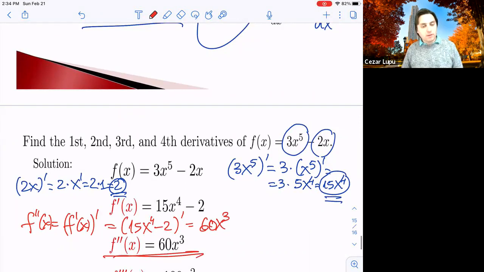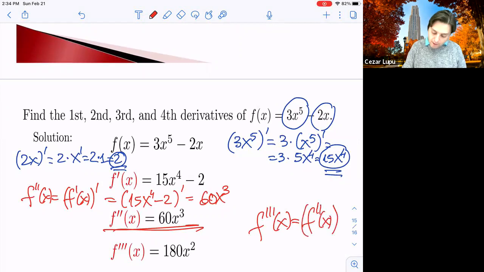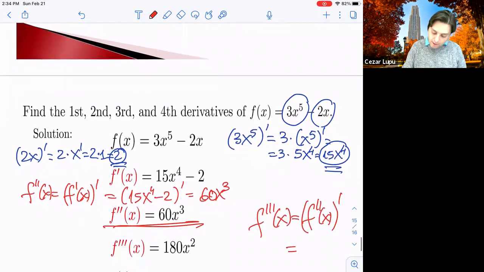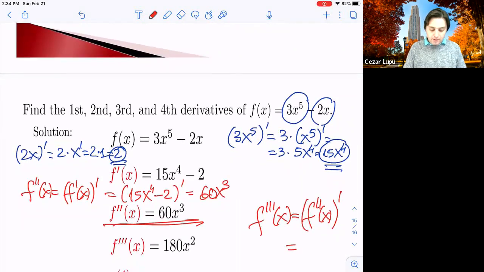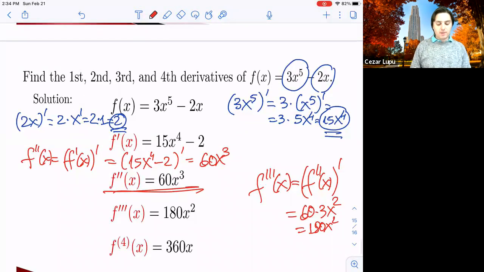And we keep going. The third derivative will be the derivative of the second derivative, right? F third prime of x is f second prime of x, everything prime, which will be 60 times 3x squared, which is 180x squared. And we keep going.